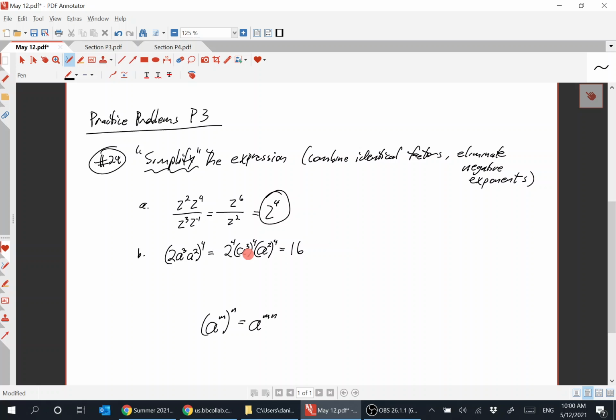So this becomes a to the 12th, and that's a to the 8th. Then a to the 12th times a to the 8th becomes a to the 20th. Now we've combined all the like factors together, all the a's, and you've got the regular number out front. No negative exponents, so that would be a final answer.